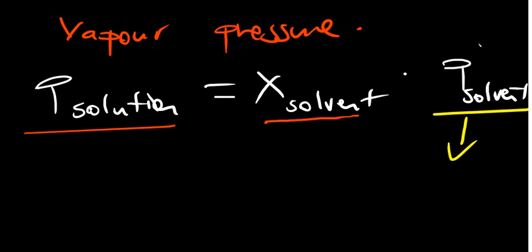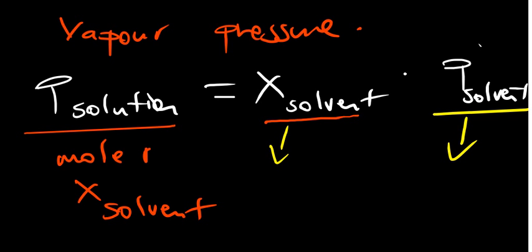Then for a mole fraction of the solvent, it's like you're trying to compare the number of moles of a solvent to the total number of moles in that solution. Okay, so therefore what we can say is the mole fraction of a solvent is going to be the number of moles of the solvent, which in most cases is going to be water.